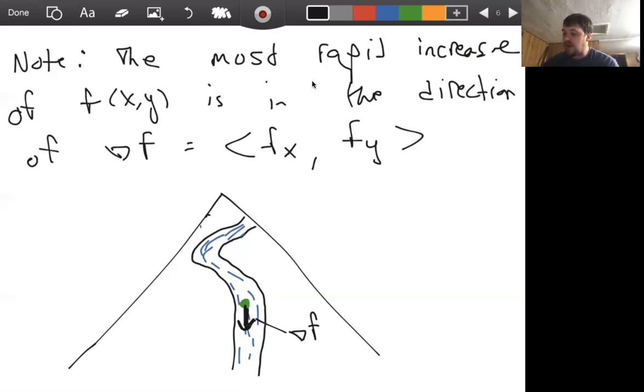And because the direction of the gradient gives us the most rapid increase, well, then it's clear that negative the gradient is going to give us the most rapid decrease because it's increasing in the opposite direction, right? And so this is some intuition as to what the gradient is measuring, realistically.